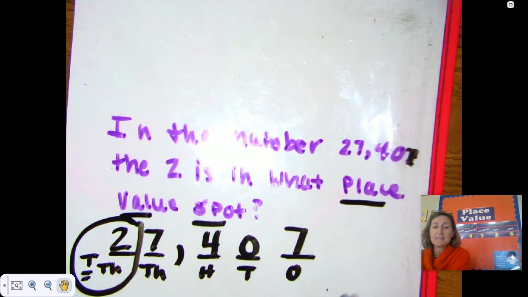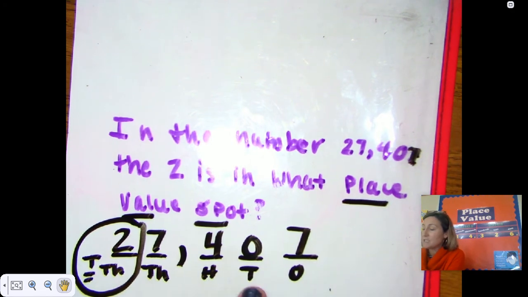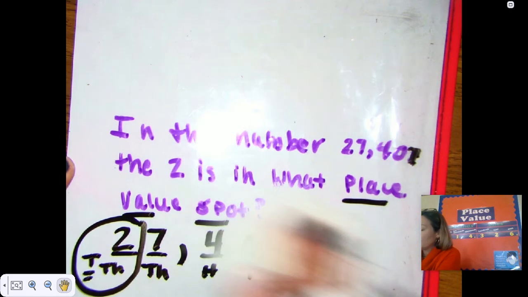So when you're asking what place value spot does it go in, you're going to remember your place value chart and where does that number fall. Our best strategy is to draw out the place value lines. If you need to, write the place value names underneath, and then you can just find your answer.